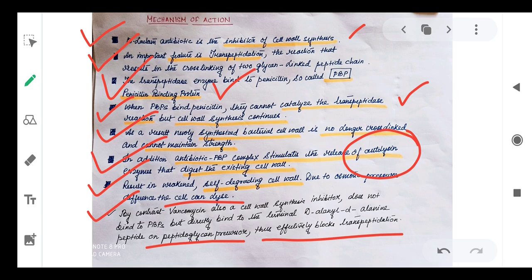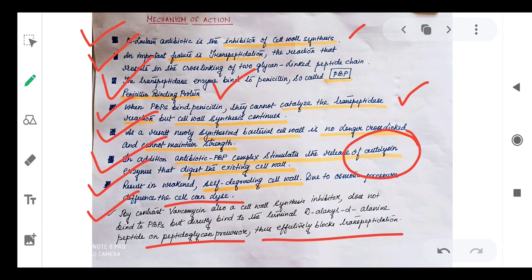In addition, the antibiotic-PBP complex stimulates the release of another enzyme called autolysin, an enzyme that digests the existing cell wall, resulting in a weakened, self-degrading cell wall. Due to osmotic pressure difference, the cell can lyse.